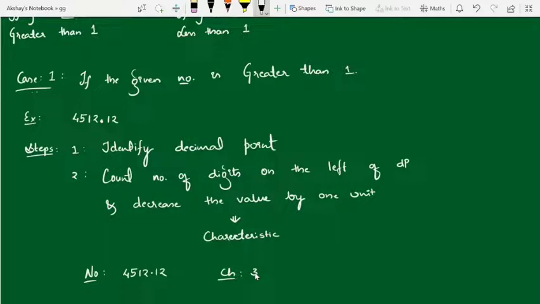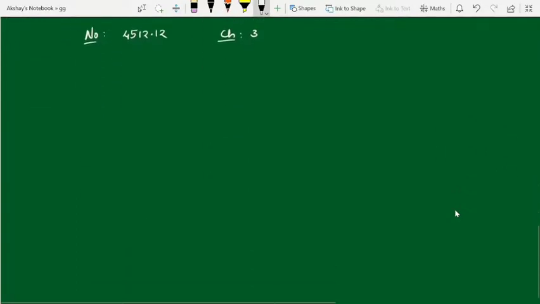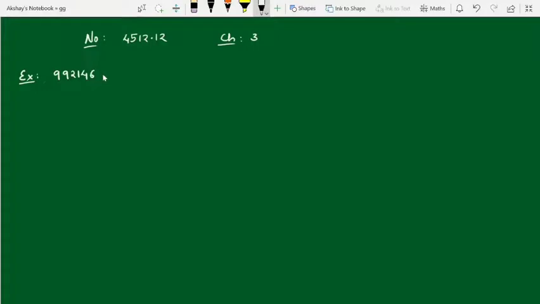Okay. Shall I take one more example? If the given number is 992146.0241, what is the characteristic of this number?